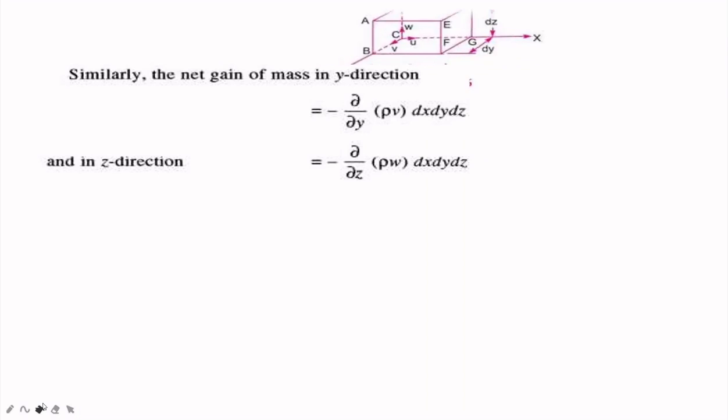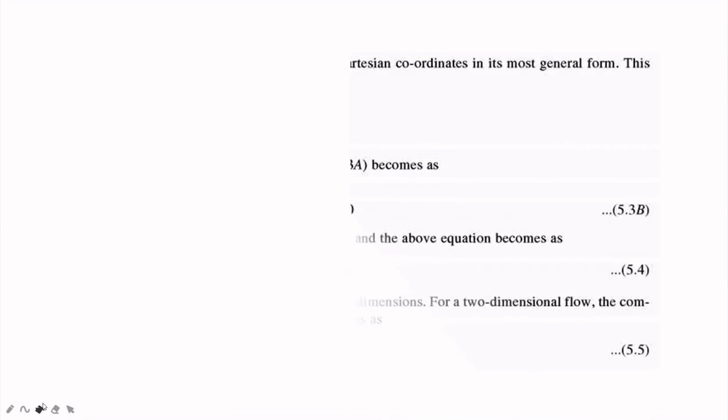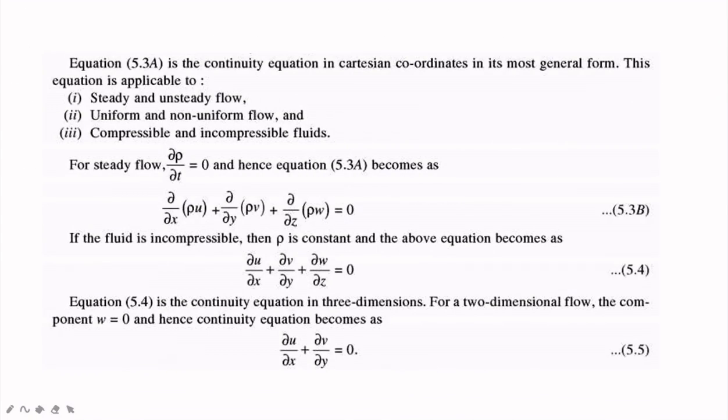If they say it is steady flow, then we have to use the equation for steady flow. Where is that? I will show you. You have to remember this: for steady flow, what is the equation? For incompressible flow, what is the equation?